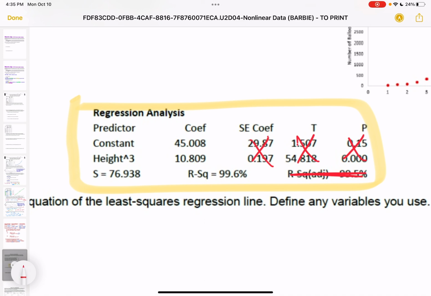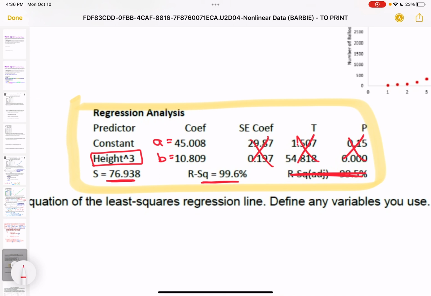The constant is your A. So this value right here is your A. And then the height right here cubed, in this case, is your B. So we are giving you the slope of your equation right there. And then obviously this number right here is your S, and this number right here is your R squared.